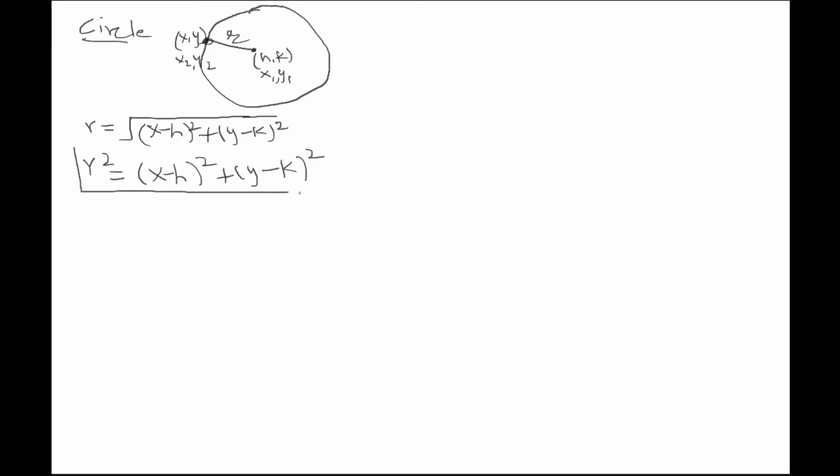Here the center is (h, k) and the radius is r. If the center and radius are given, you can use this formula to find the equation of the circle.